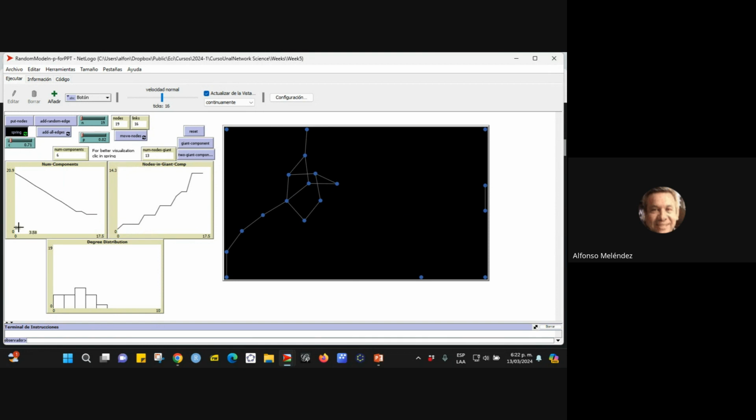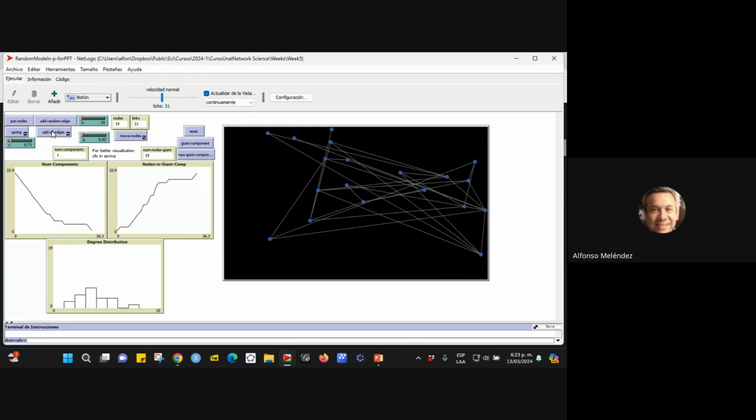So this kind of change is similar. This is an important property of a random network. Another important property is the degree distribution of the network. Erdos and Renyi discovered that the distribution of any random network is a normal distribution, a Poisson distribution.